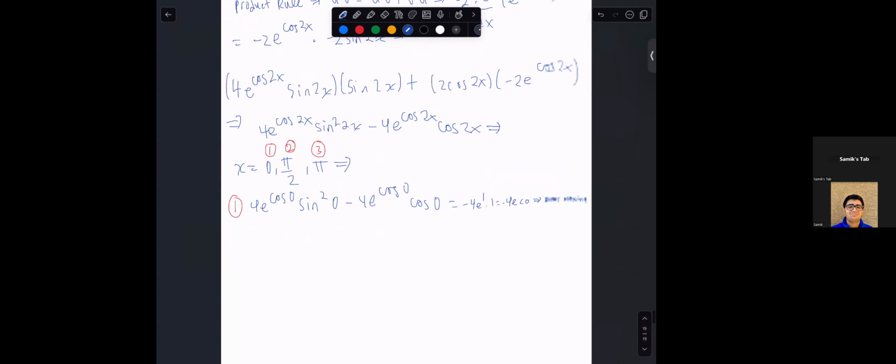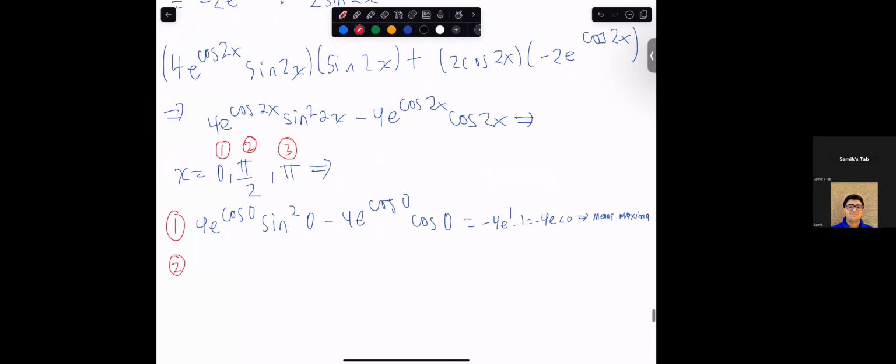Next we can put in pi by 2: 4e^cos(2 into pi by 2) sine square pi. And I'm doing some of this in my head, guys, so if you have any question, just tell me in the comment section. The values you have to memorize. All students, you have to memorize these, and especially for JEE.